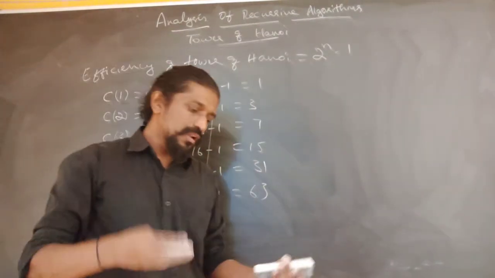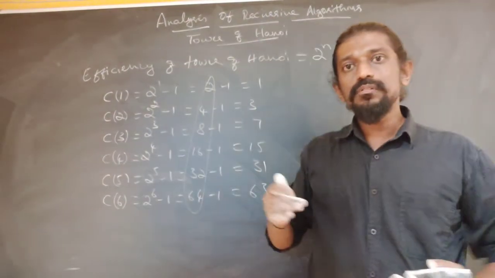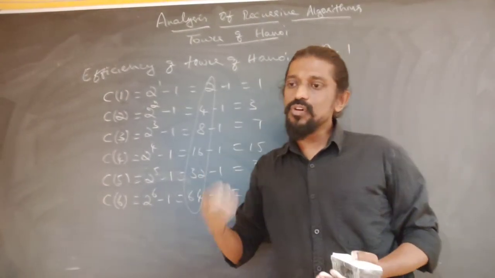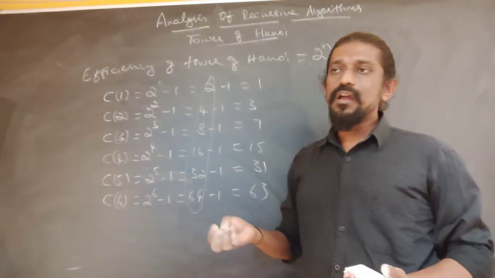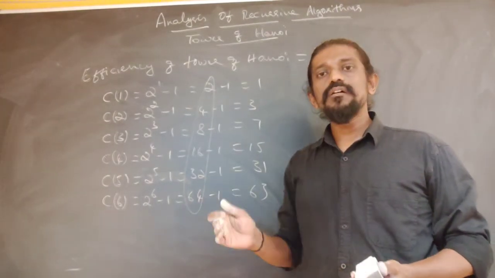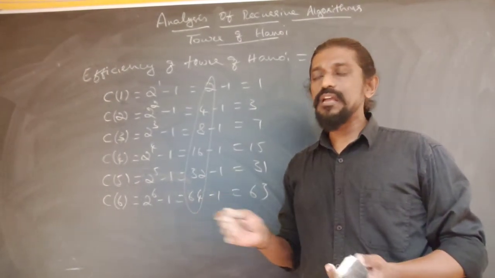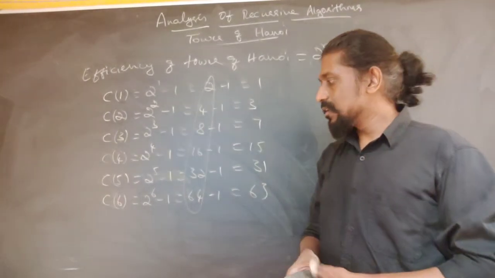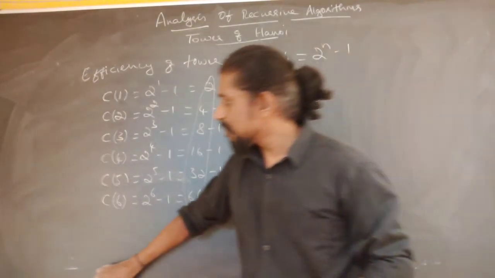Since the number of disk move operations has to double every time you increase just one disk, the running time will also keep doubling. Even for a moderate number of disks, the time taken by the Tower of Hanoi algorithm will be unacceptable. In the beginning I told you it is also called the Tower of Brahma.